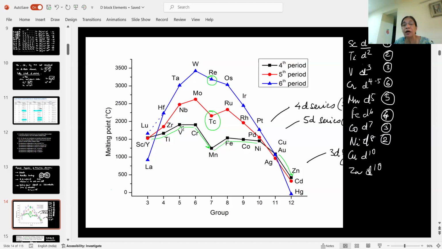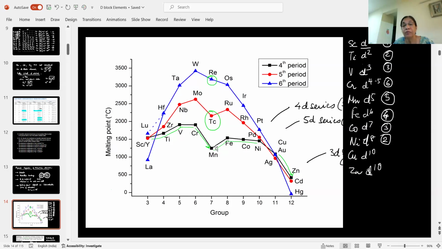Why? Because half-filled shells are very stable. So those five electrons, although the number is more, yet there is a slight stability there. So those five electrons are reluctant to take part in metallic bonding, and so the melting point doesn't rise as much.